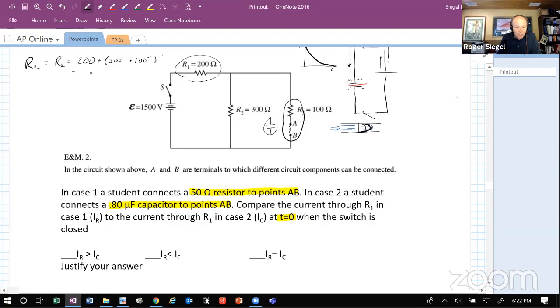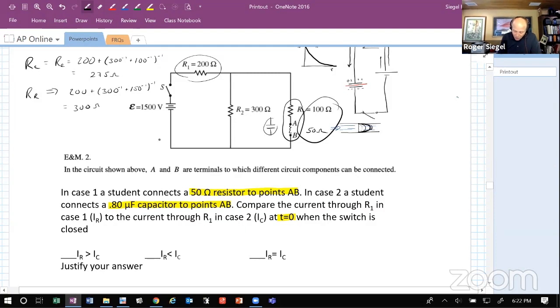This turns out to be 275 ohms, and that's my total resistance in the whole circuit. Now, if I put a resistor in here, I get 200 plus 300 inverse plus what? If I put a 50 ohm resistor next to a 100 ohm resistor in series, that gives me 150. And so when I do that, I get 300 ohms.